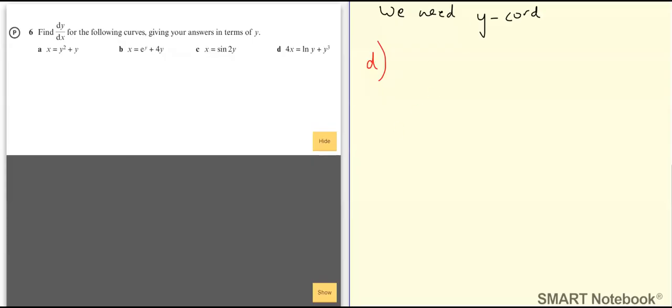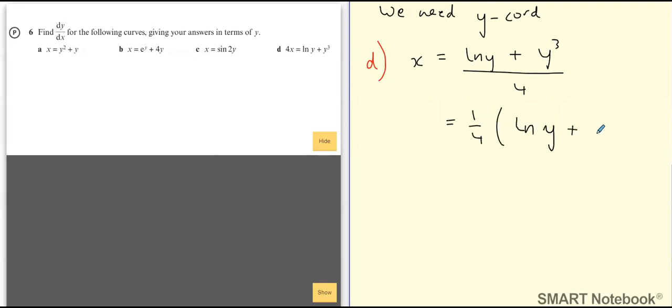So you want to make x a subject first. So my first step would be to say x equals ln y plus y cubed over 4. Or you could have said 1 over 4 ln y plus y cubed.